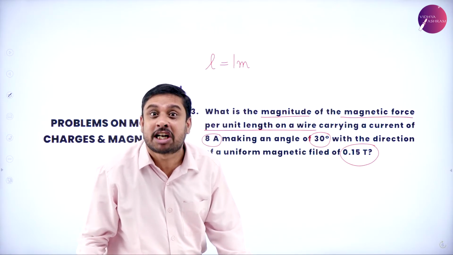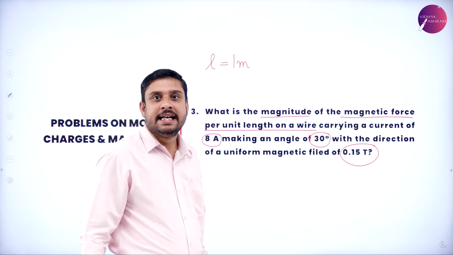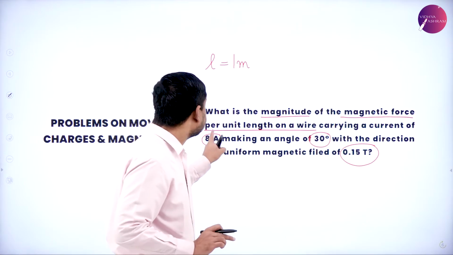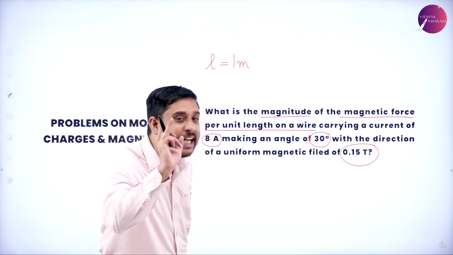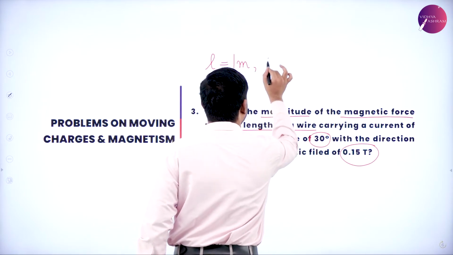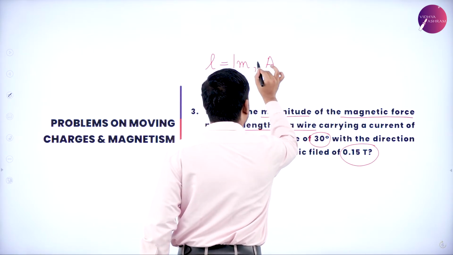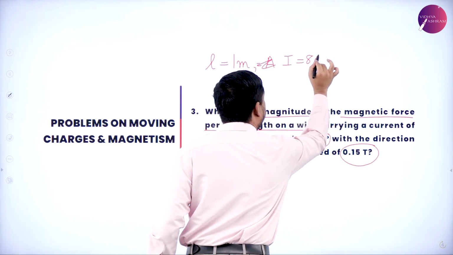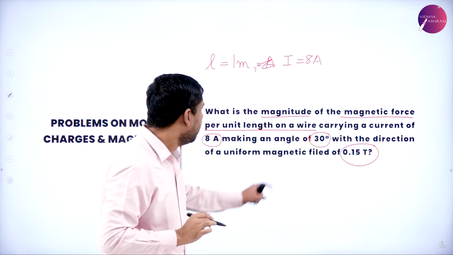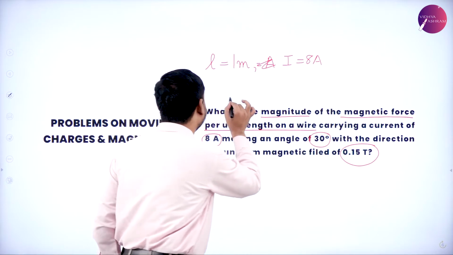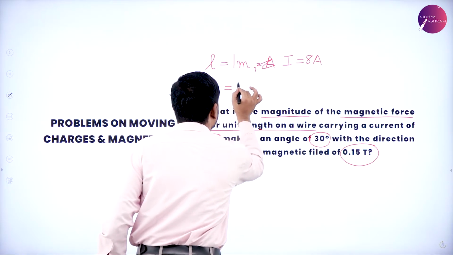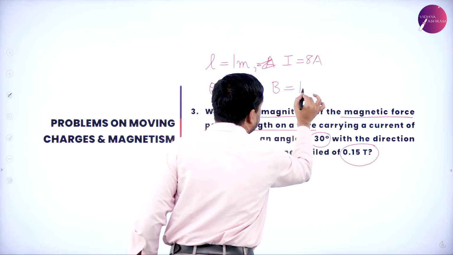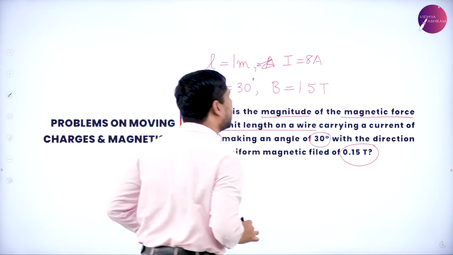Now it is not a charged particle. It's a current-carrying conductor wire carrying a current of 8 ampere. So current is given to be 8 ampere, making an angle of 30 degrees with a magnetic field of strength 1.5 Tesla.